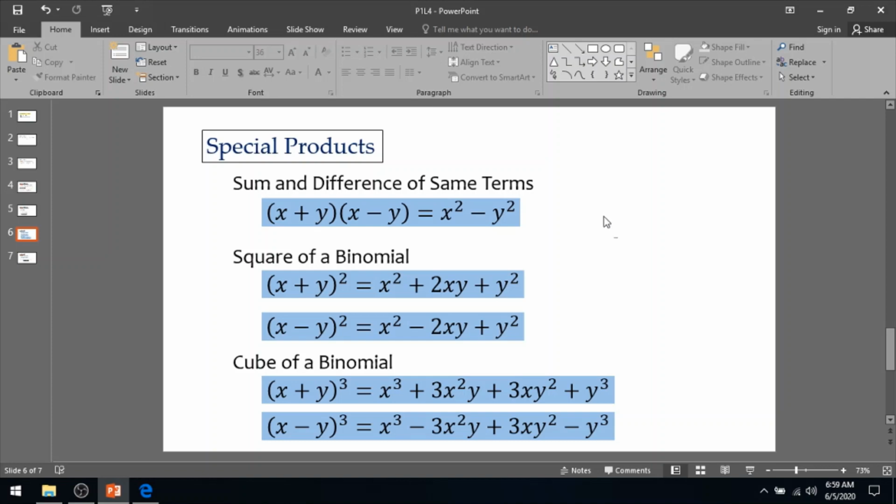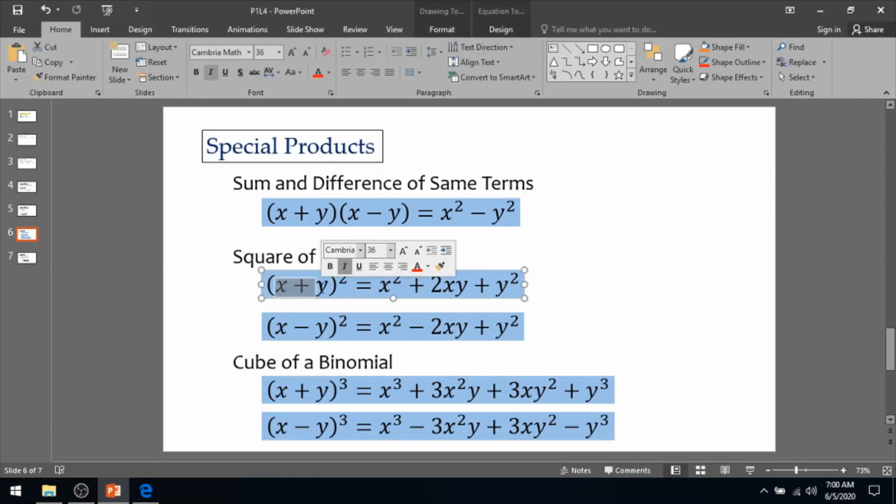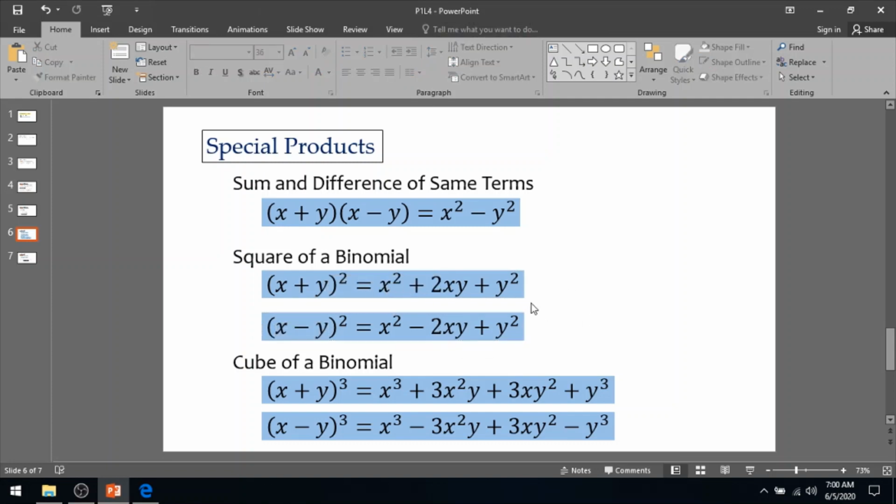So you can check it kung sakto ba na siyang x squared minus y squared using the method that we have already used in multiplying polynomials. So, muna siya ang sum and difference of same terms and square of a binomial. What does it mean? Square sa imong binomial. So, this binomial x plus y, and you can also have x minus y nga binomial. So, muna yang answer. And also, cube of a binomial.